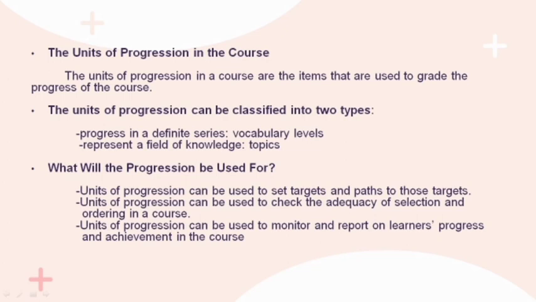Number 1, units of progression can be used to set targets and paths to those targets. Number 2, units of progression can be used to check the adequacy of selection and ordering in a course. Number 3, units of progression can be used to monitor and report on learner progress and achievement in the course.